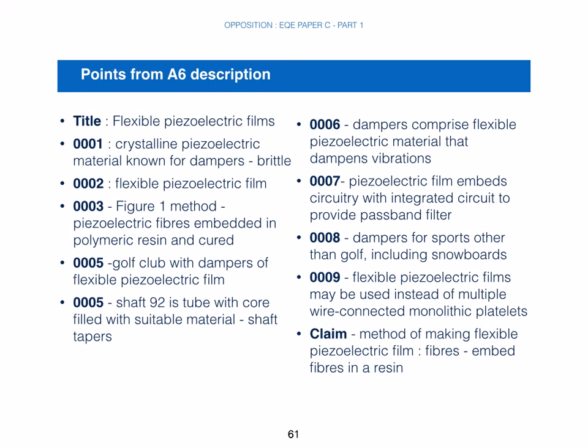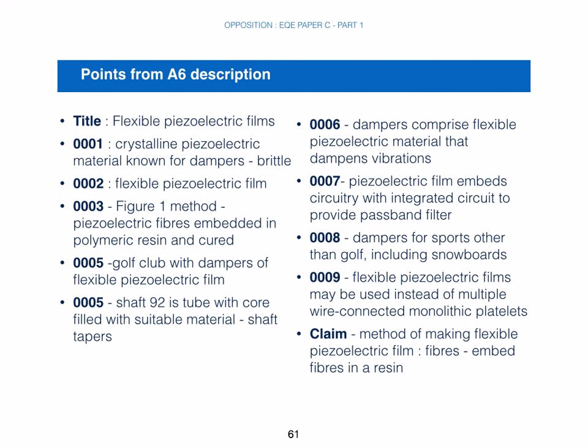Paragraph 4. There's nothing in paragraph 4. We go to paragraph 5, which has a golf club with dampers of flexible piezoelectric film. And the shaft 92 is a tube with a core filled with suitable material. The shaft tapers. Paragraph 6. Dampers comprise flexible piezoelectric material that dampens vibration.